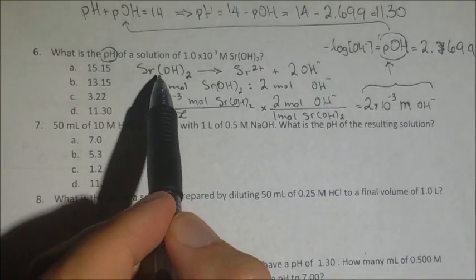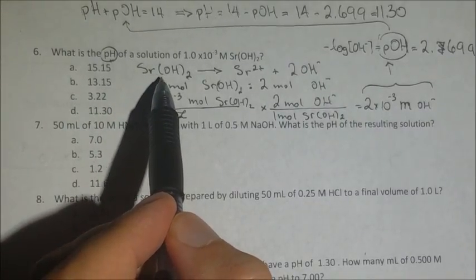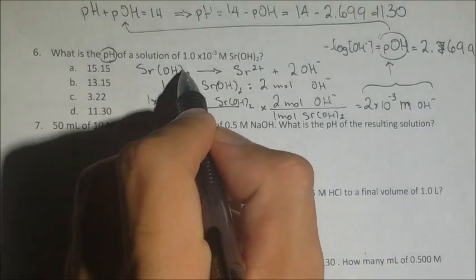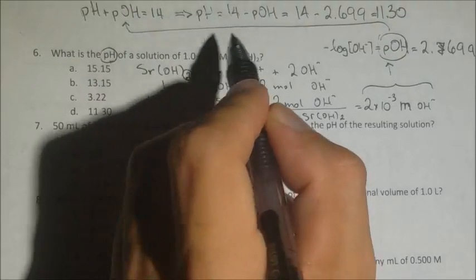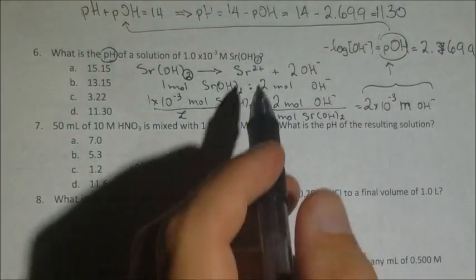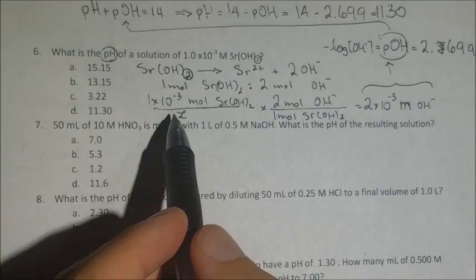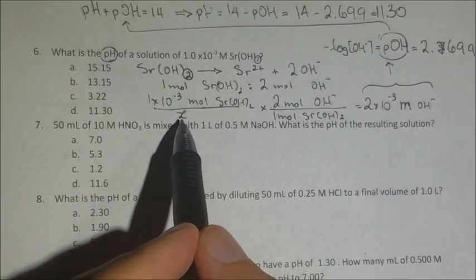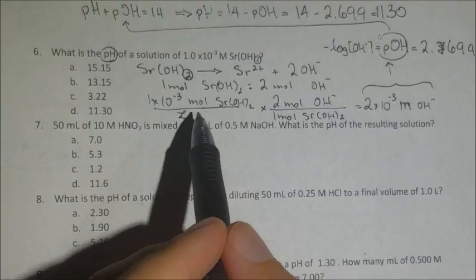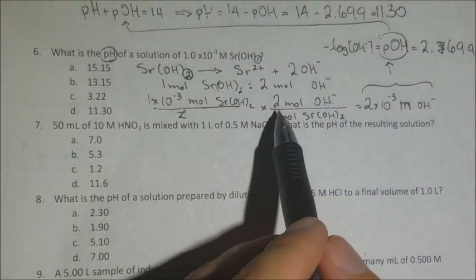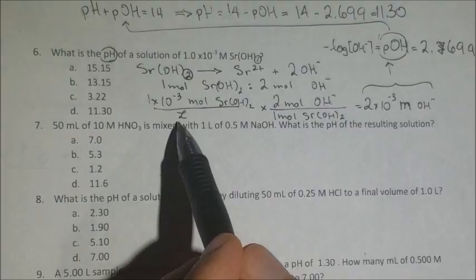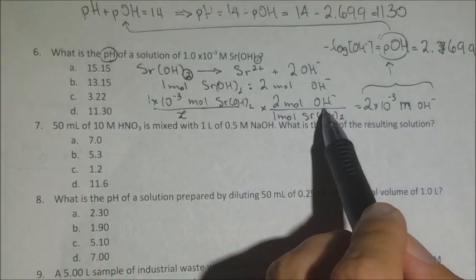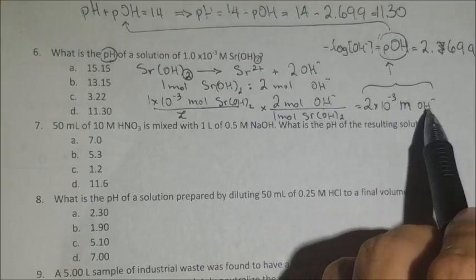All right, so there's a few things you had to recognize here. First of all, when strontium hydroxide dissociates electrolytically, it makes 2 hydroxide ions. You know that because it's OH2 right there in the chemical formula. The next thing you needed to recognize is that this is the concentration of hydroxide ions. We're not making hydroniums here, we're making hydroxides. So when you have this molarity, you can convert it into hydroxide ion molarity, and that's 2 times 10 to the negative third.